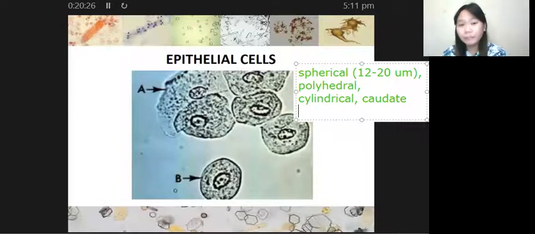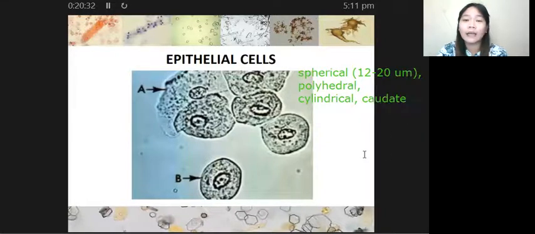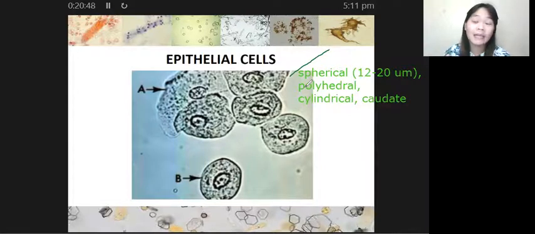Alright, so if for example, ang nakita natin under the microscope is the spherical. Ayan, dyan tayo magkakaroon ng problema. Okay, bakit? Kasi ang ating spherical transitional epithelial cells, kamukha niya si renal tubular epithelial cells. So that's why it's important for you to be able to differentiate the two.